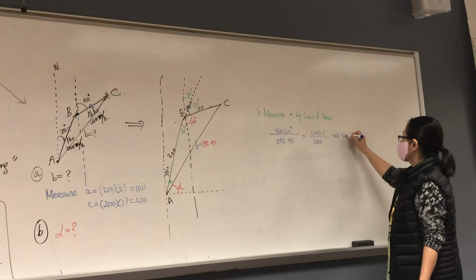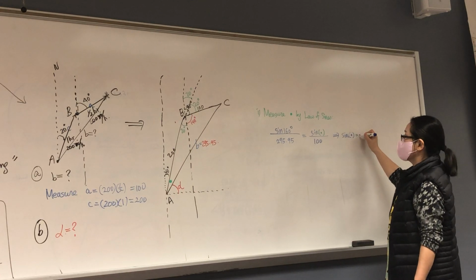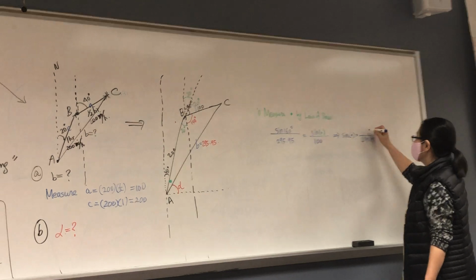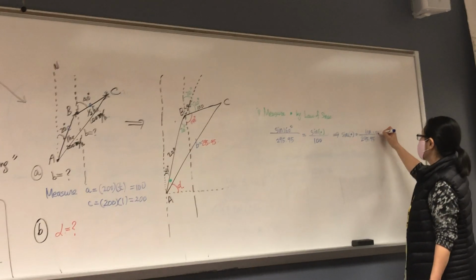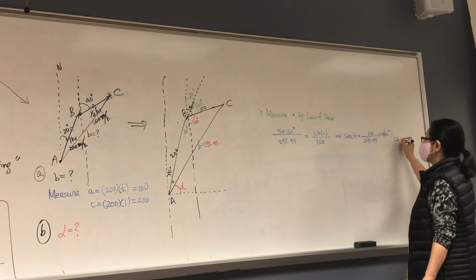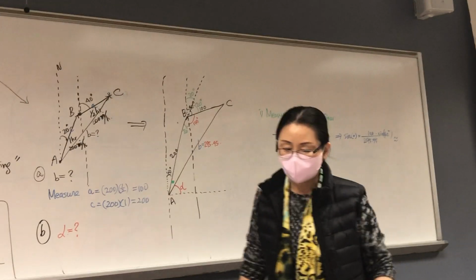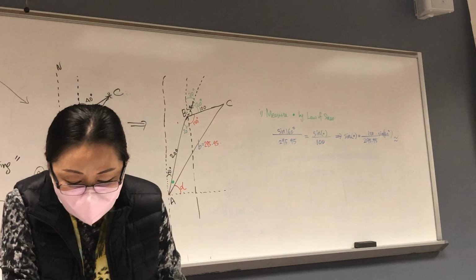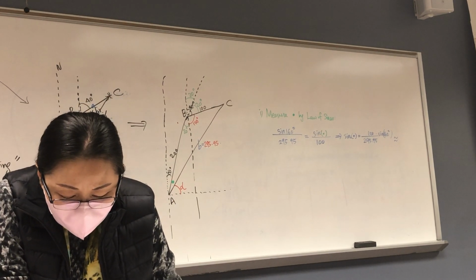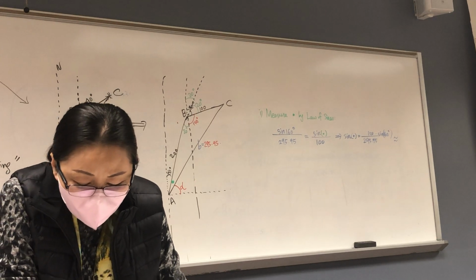So sine of this is 295.95 over 100 times sine 160 degrees. And then this sine will be 0.11557.